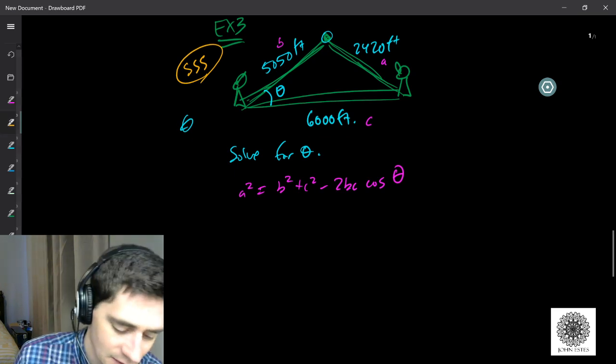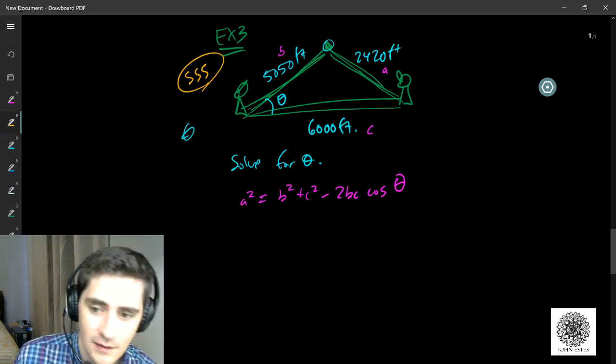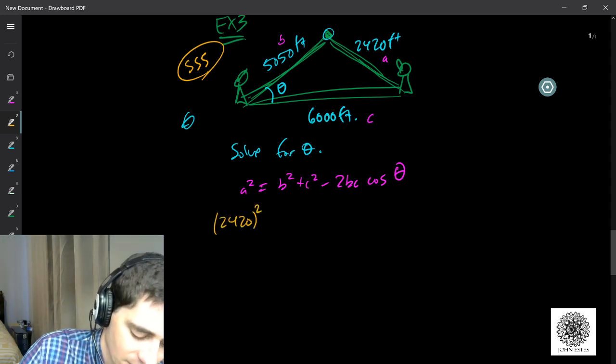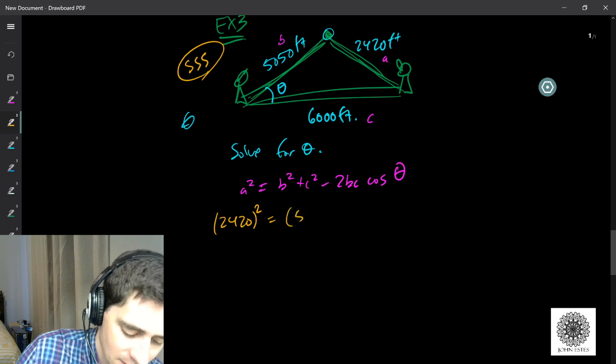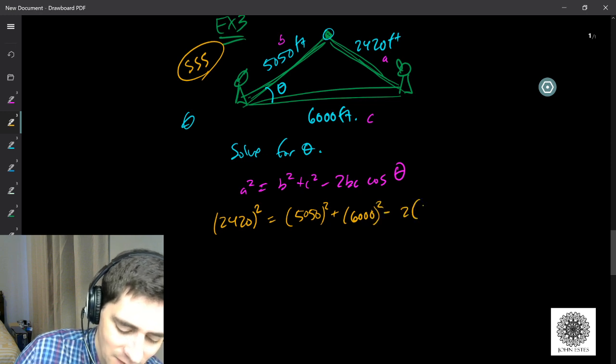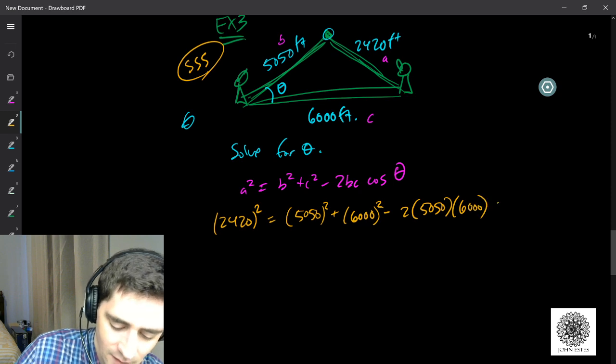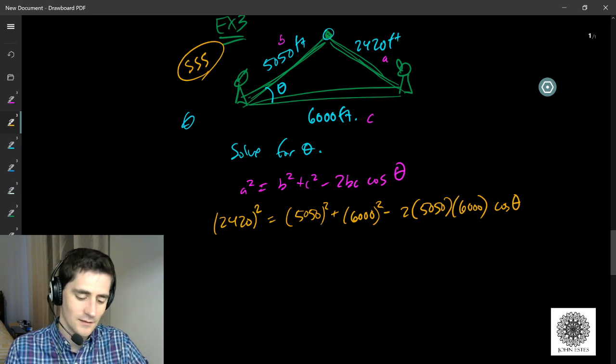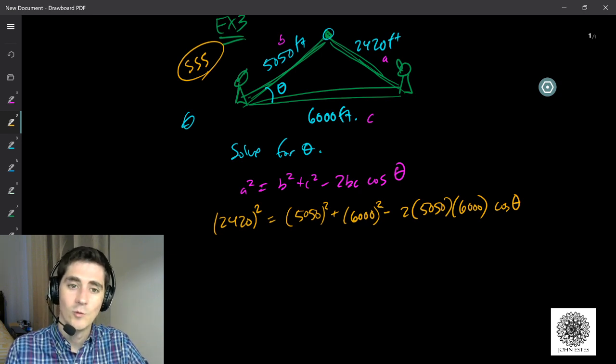And so now we know this information here. We're going to get some big numbers. 2,420 squared equals 5,050 squared plus 6,000 squared minus 2 times 5,050 times 6,000 cosine theta. Now the funny thing is that even though these are large numbers, once I work out the math, we'll get a small value.